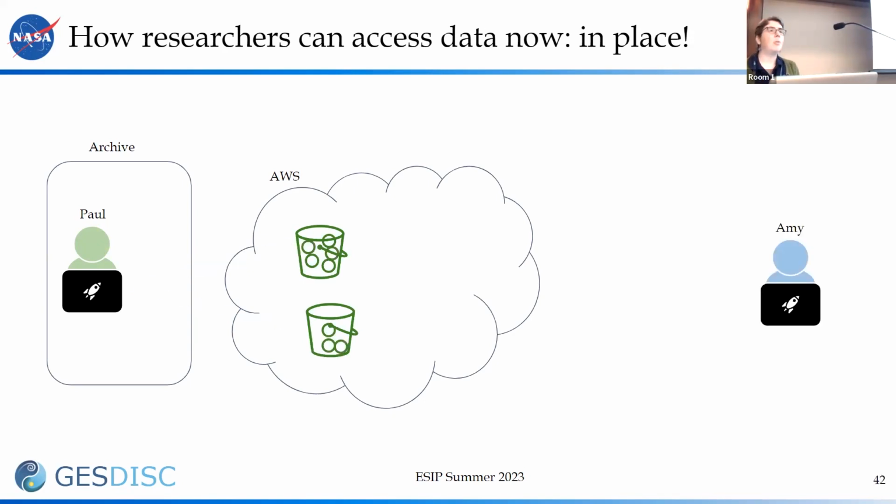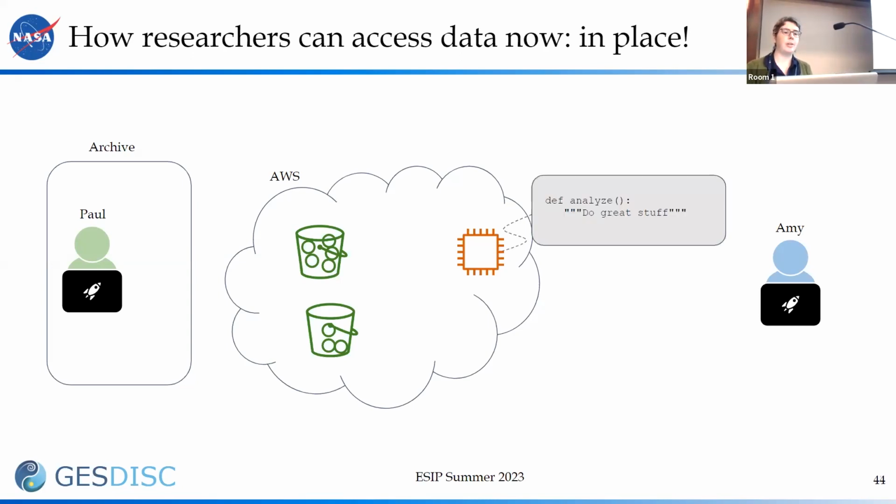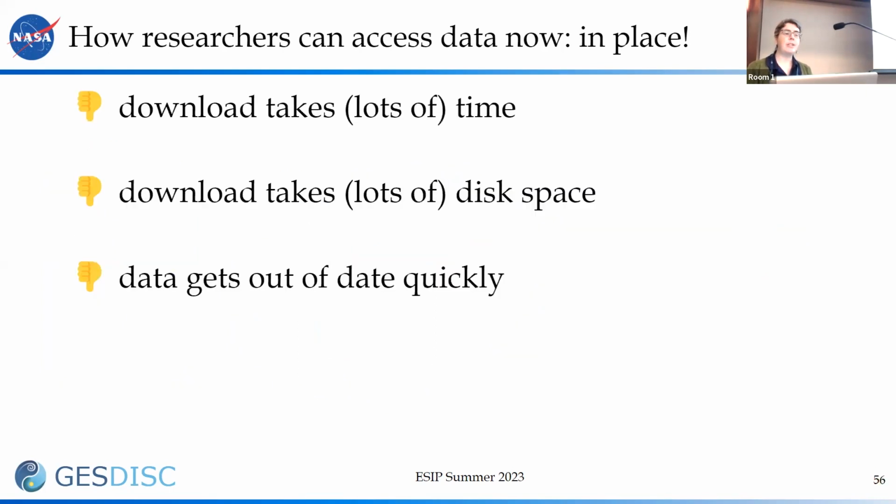And so now when our user comes along, instead of downloading the data, she spins up some kind of compute in the cloud. And now when she runs whatever she wants to do in the cloud, she's accessing that data right from the cloud, right next to the cloud. And so as she runs, if Paul comes along and he needs to update something, she sees that update immediately.